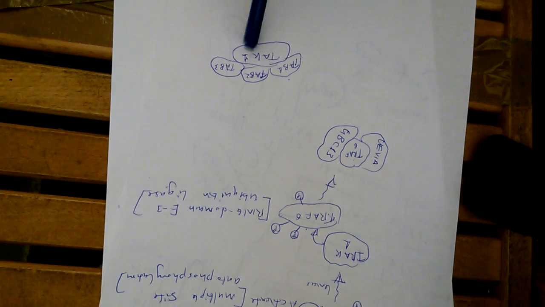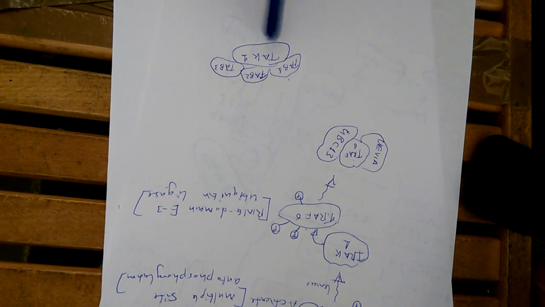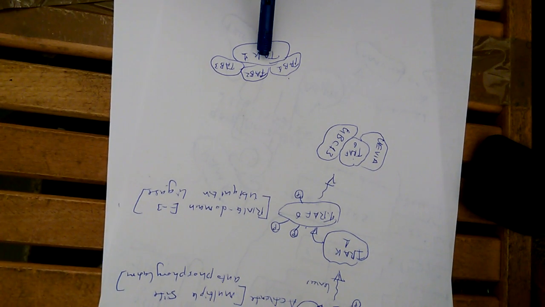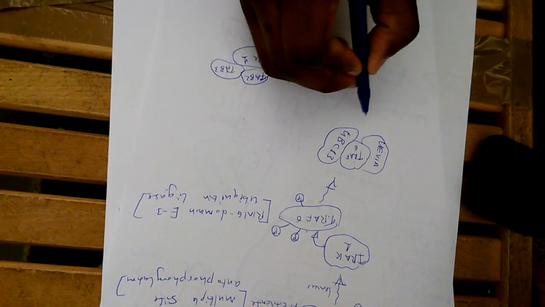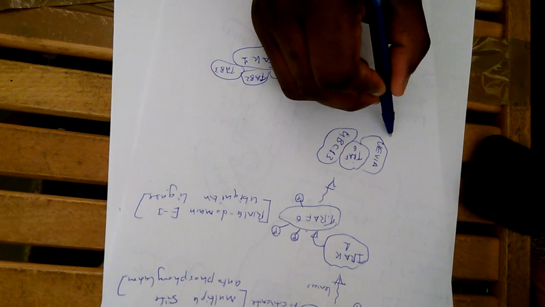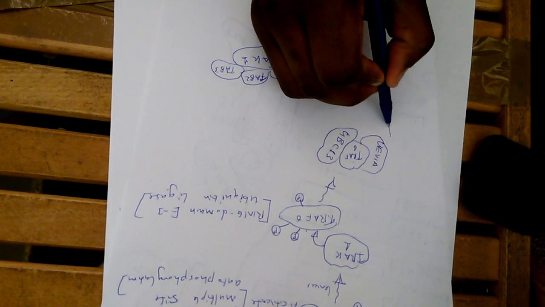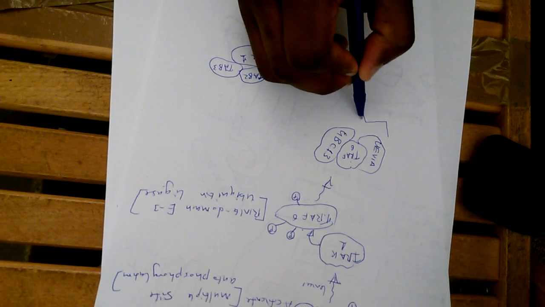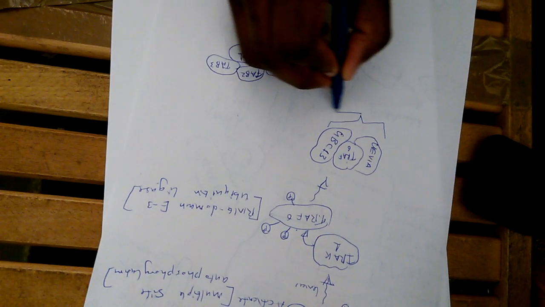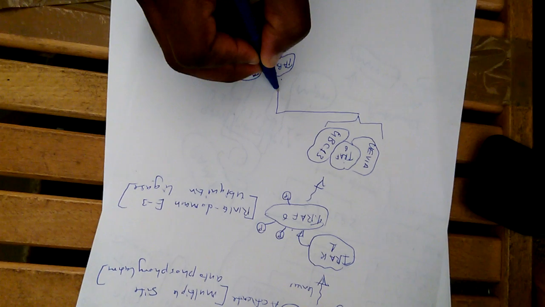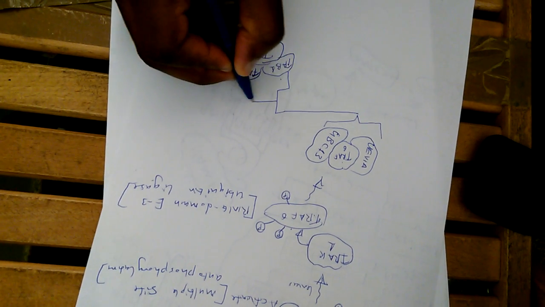They anchor it, so the anchoring of this TAK1 stops its release and stops its ability to do its job. So what happens is this complex leads to two things. It first of all leads to the ubiquitination.